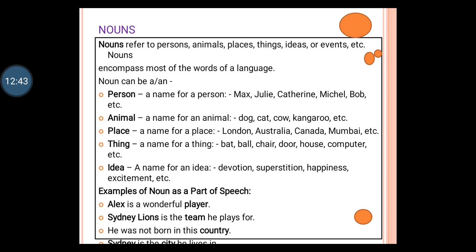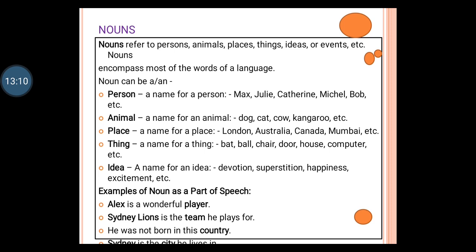Alex is a wonderful player. Alex is the name of a person. A player is a person. This could be a player in a football team, a basketball team, a table tennis team, anything. Sydney Lions is the team he plays for. Now, Sydney Lions is the name of a team.